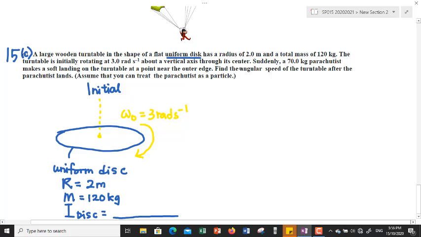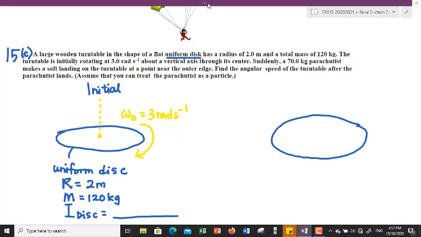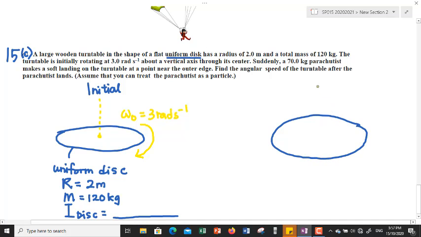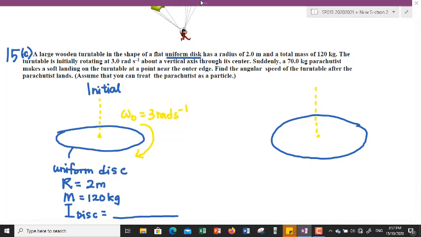Suddenly a 70 kg parachutist makes a soft landing on the turntable at a point near the outer edge. So we visualize the situation. I redraw the turntable, rotating about the axis at its center.